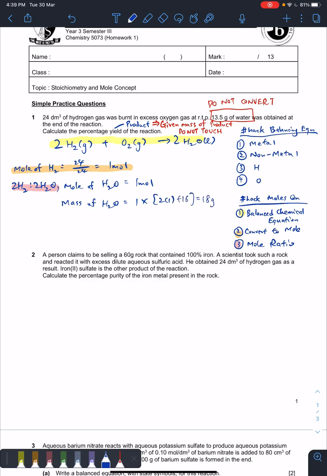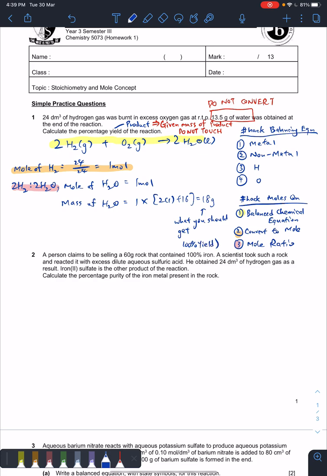So now you notice you have two masses involved. You have 13.5, you have 18. What it actually means is this is what you should get. That means this is the 100% yield situation.